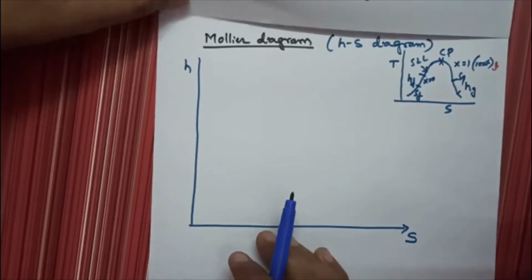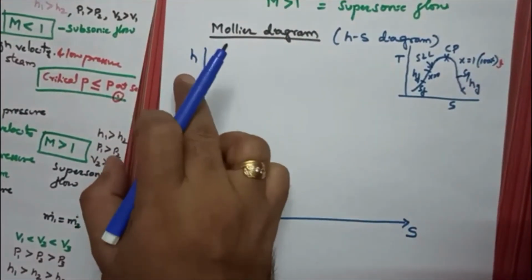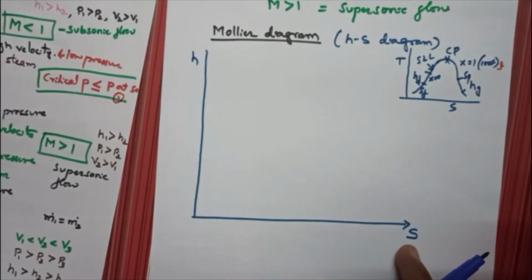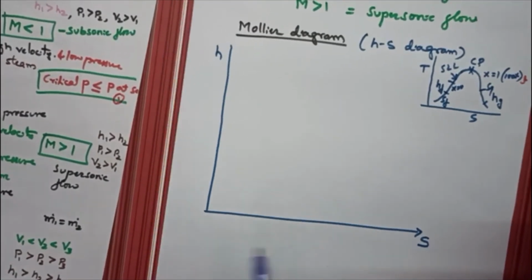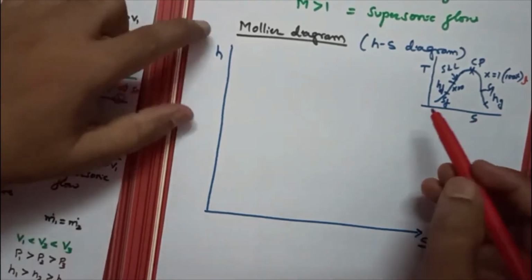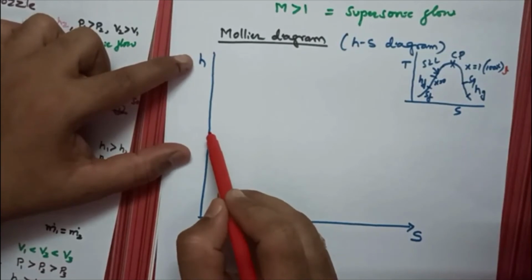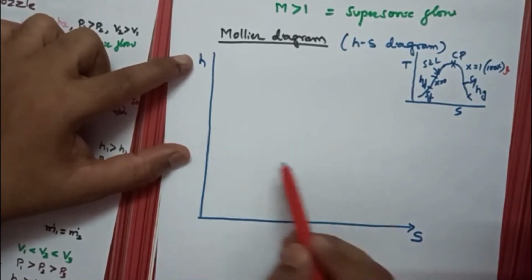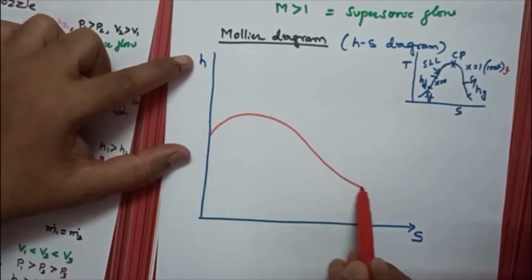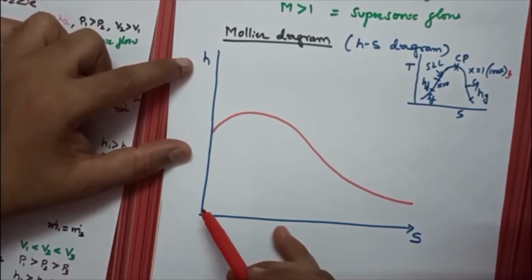Now similarly, the same process will be represented in the HS diagram, that is the Mollier diagram. In the Mollier diagram, you have to draw one curve, that is called the dry line or dry saturated line. This is the dry saturated line, and here there is no saturated liquid line.